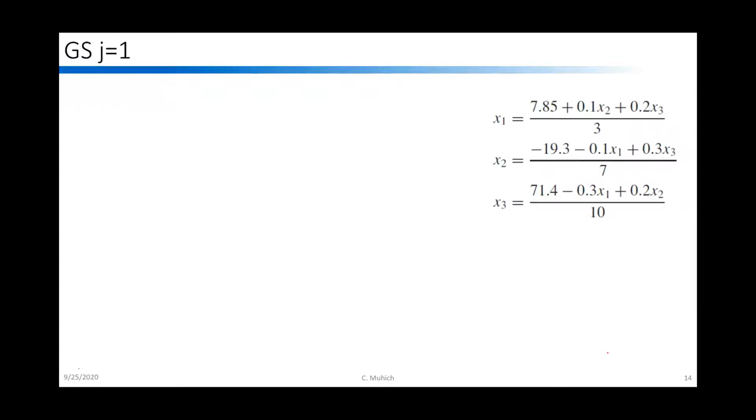So as before, we have x1 equal to 7.85 plus 0.1 times our initial guess for x2, which is 0, right? Because it's our first guess, we're starting from 0. And then 0.2 times x3, which is also 0, all over 3.